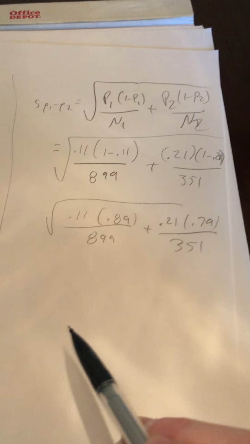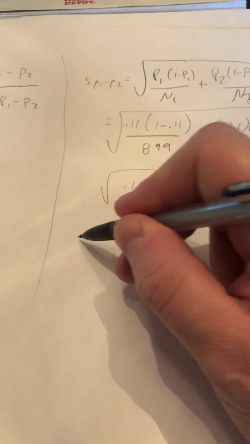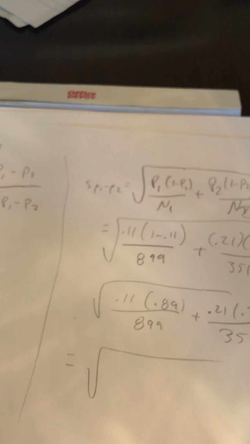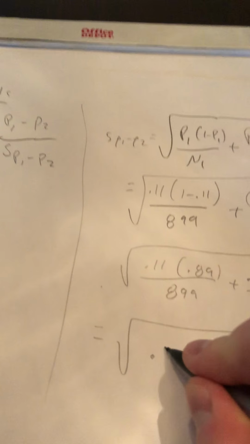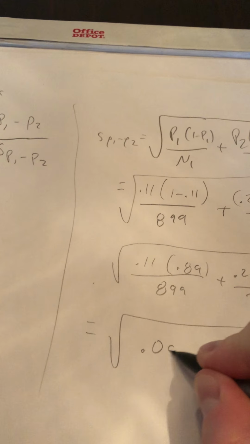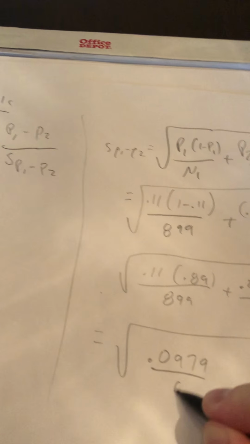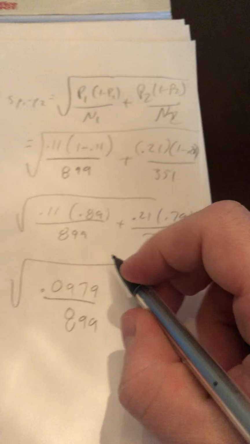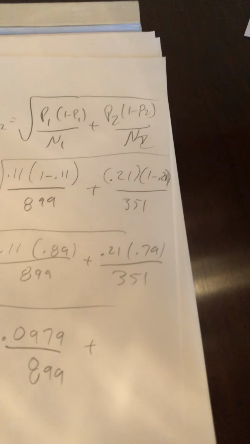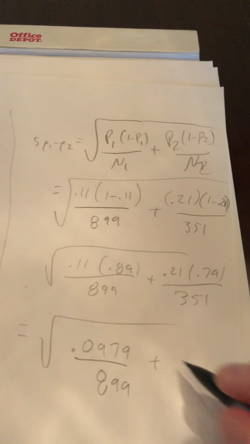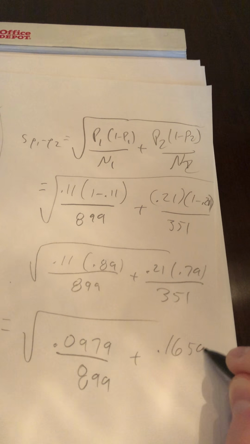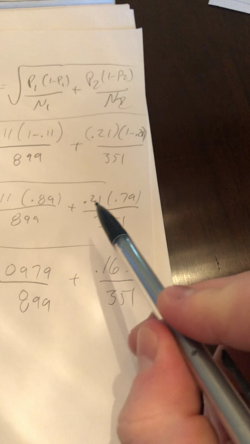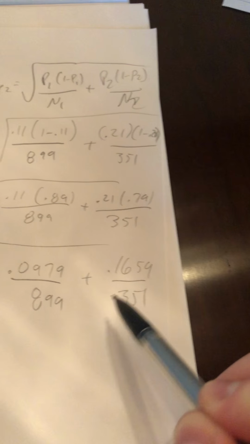Everything else is the same. 0.11 times 0.89, we're going to get 0.0979 divided by 899. So all I did was multiply these two. Plus 0.21 times 0.79, we're going to get 0.1659 divided by 351. That's all I did.